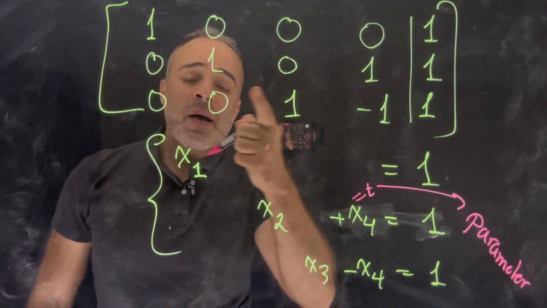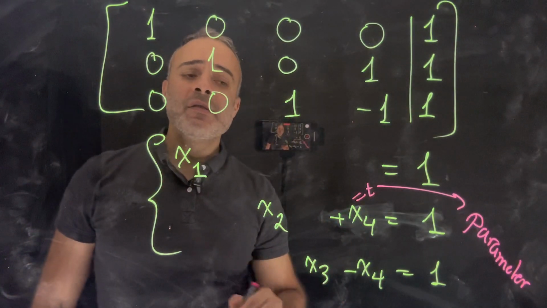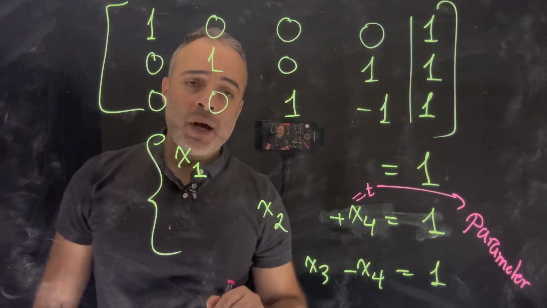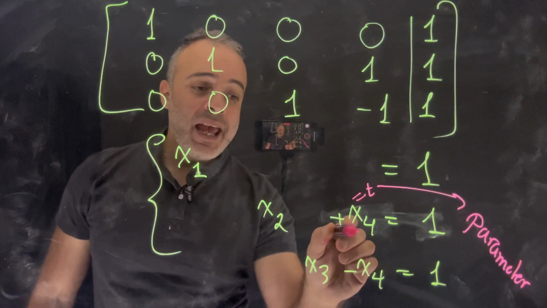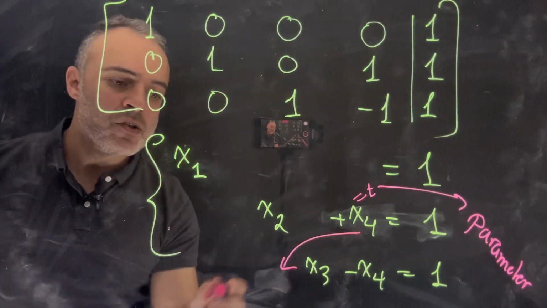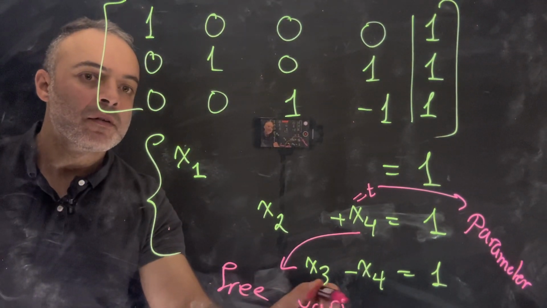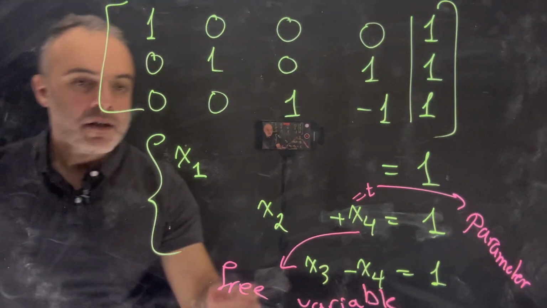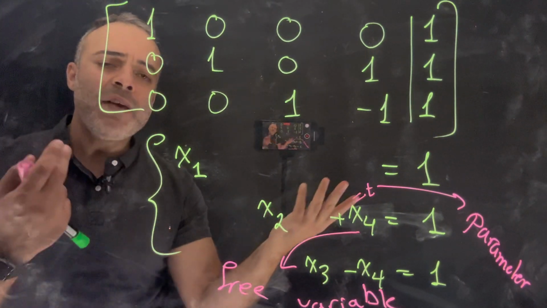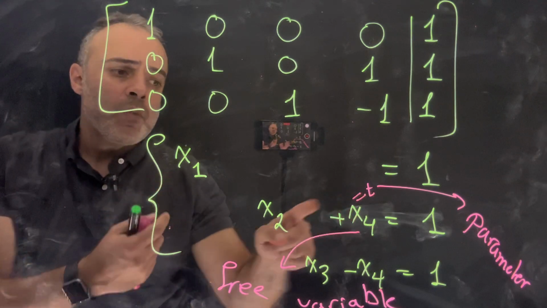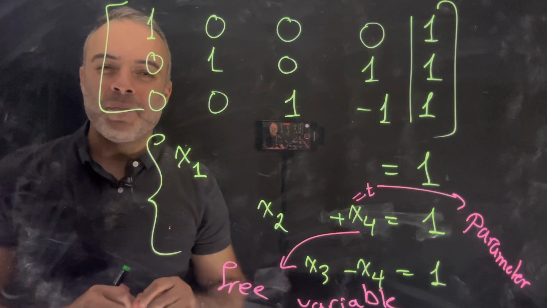Okay, so we end up with an infinite number of solutions, and all of them depend on this parameter t, which is equal to x4, and x4 in this case is called a free variable. Free variable because it can take any value, right? Since x4, which is equal to t, can take any value, we call it a free variable.